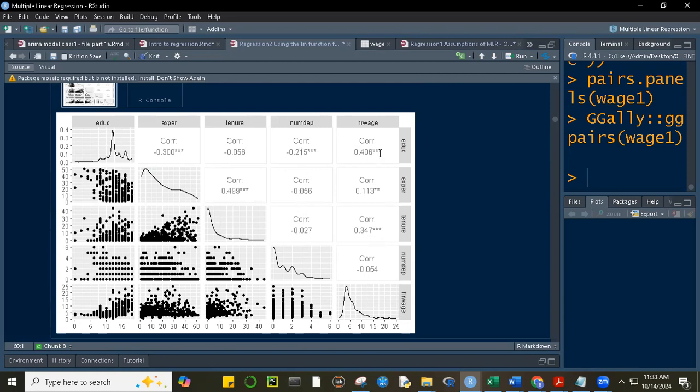While for the others, the ones with the three stars are statistically significant, which means that we are confident that these values are not equal to 0, statistically. This one, it means that the values could statistically be equal to 0. So we're not able to reject the hypothesis that the correlation is equal to 0.